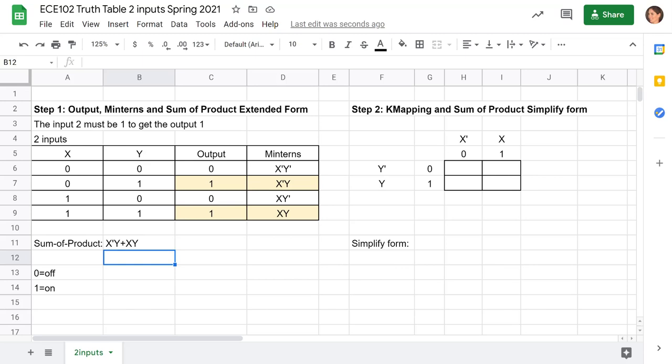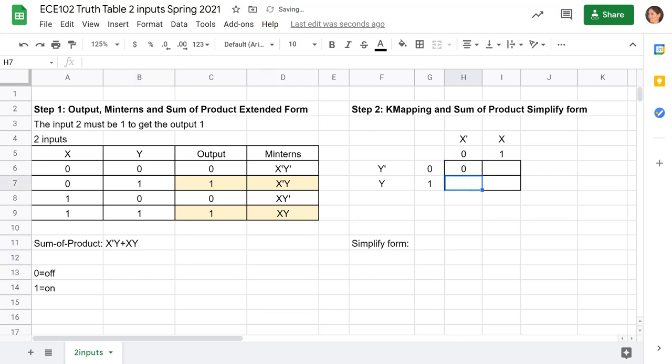Now we will use this little table that's called a K-map. So instead of having each output and minterm in rows, we will have them in a table. Okay, and we will be able to group them. So X prime, Y prime, 0, 0, that's this column. It leads to output 0, so I will put 0 there.